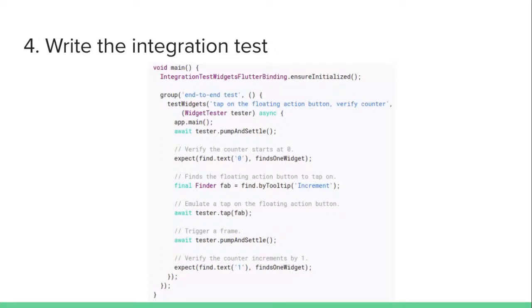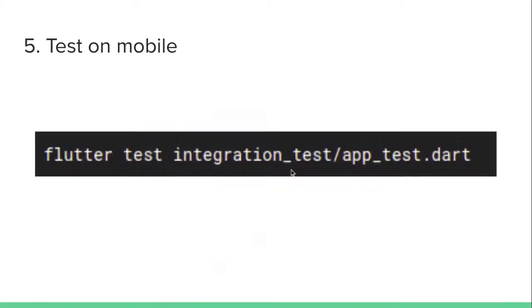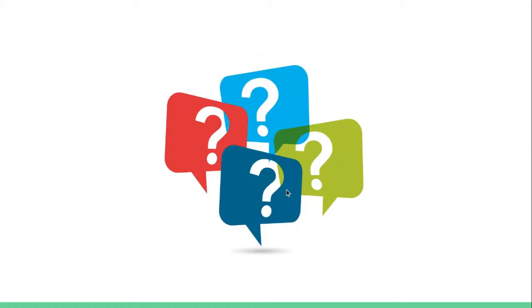So we will execute it on a physical device, not the iOS simulator or an Android emulator. So this was a very short talk. I talked about testing in a basic way, unit testing and widget testing, and finally integration testing.